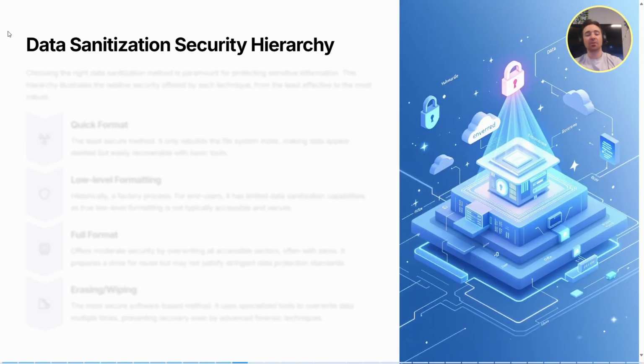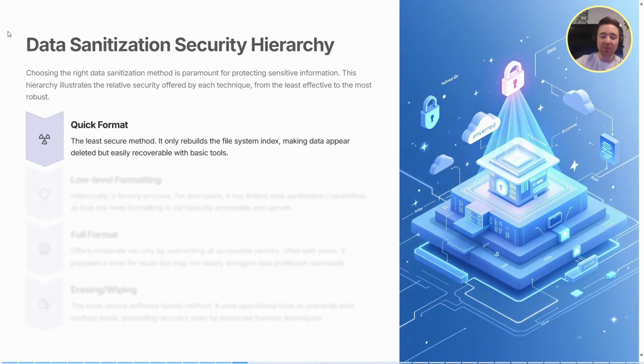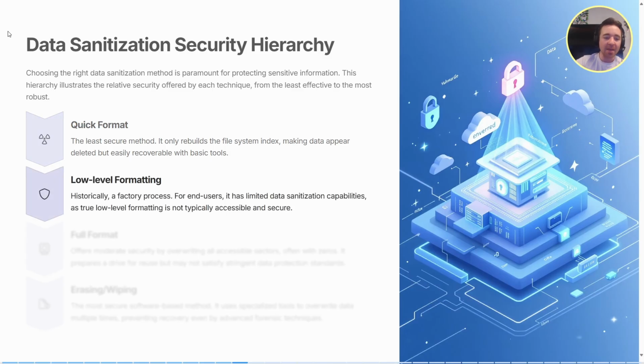All right, let's go ahead and have a look at the order of security for these. The least secure one is going to be your quick format because really anyone can access your data at any time. The low-level formatting is generally considered a factory process, not heavily available to end users. It does have limited data sanitization capabilities because that's not really what it's designed for.